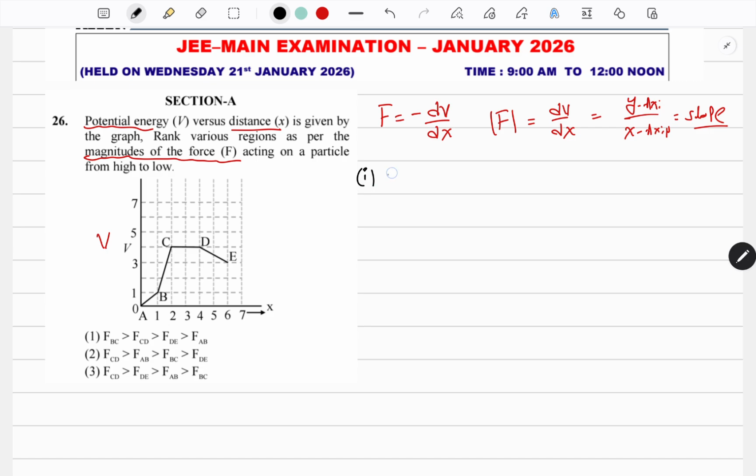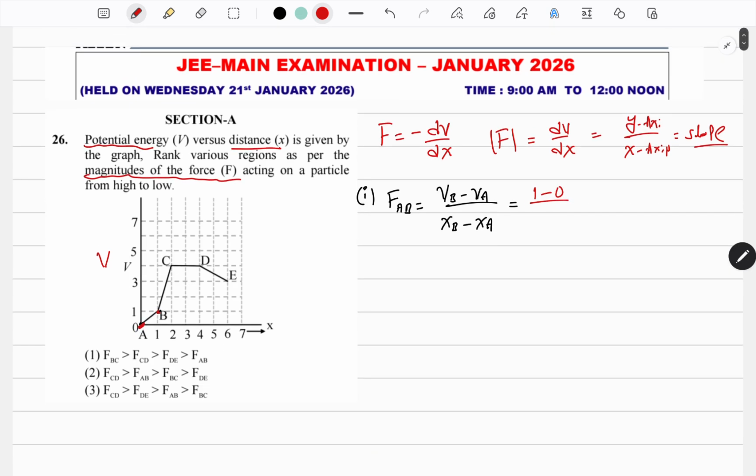First one, FAB is equal to what? VB minus VA divided by XB minus XA. So that is 1 minus 0 divided by 1 minus 0.